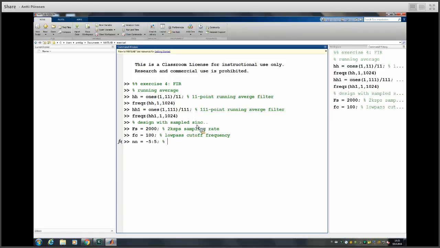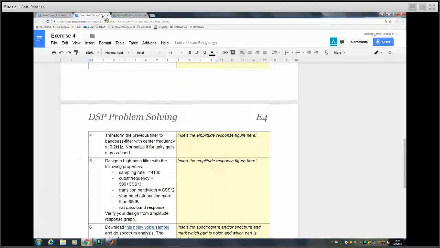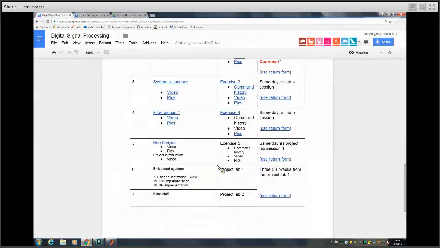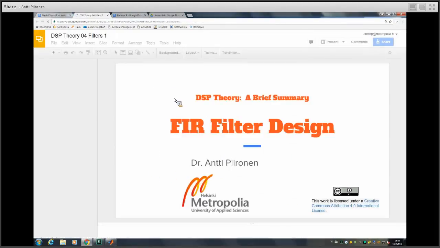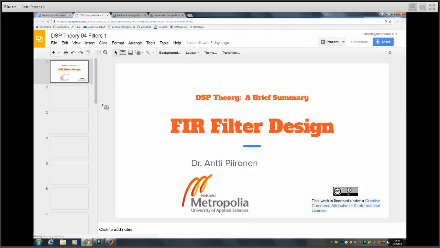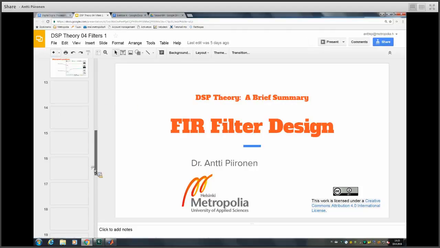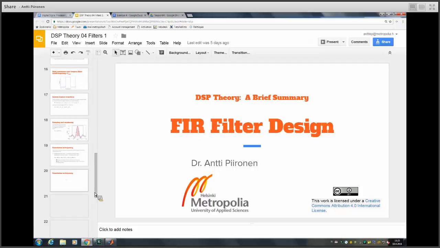So these are sampling indexes. Then I need to take a look at my formula here. I need that formula since I never remember it by heart.